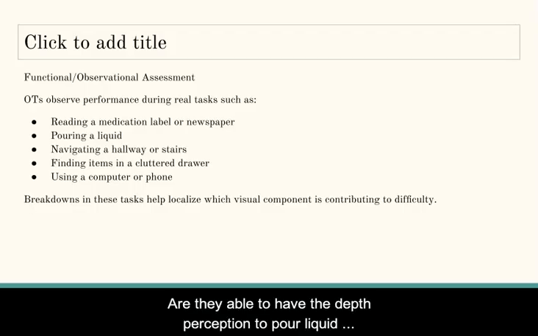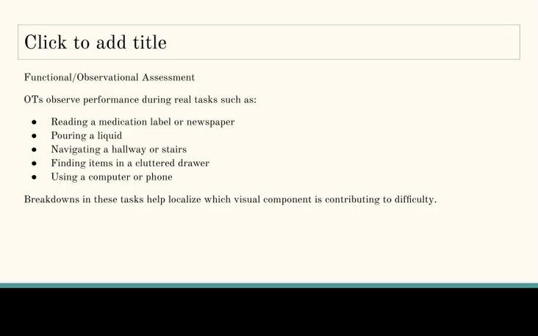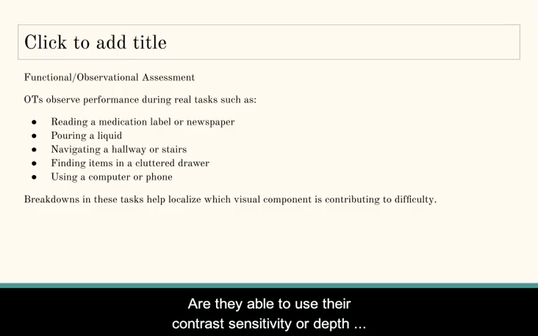Are they able to have the depth perception to pour liquid from one cup to another? Are they able to navigate hallways and stairs? Looking through a cluttered drawer, pulling out clothes from a closet? Are they able to use their contrast sensitivity or depth perception or visual closure to complete these activities?